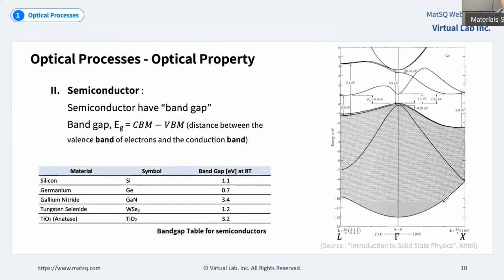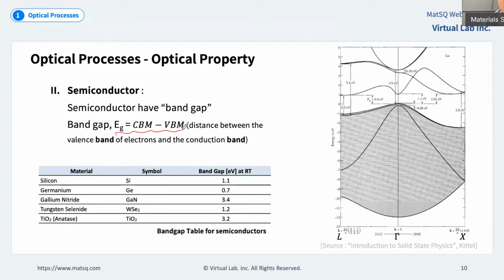As you know, the most important feature of a semiconductor is that it has a band gap. The band gap can be defined by the difference between the valence band of electrons and the conduction band. So we can calculate the band gap with this equation: Eg equals the conduction band minimum minus the valence band maximum.